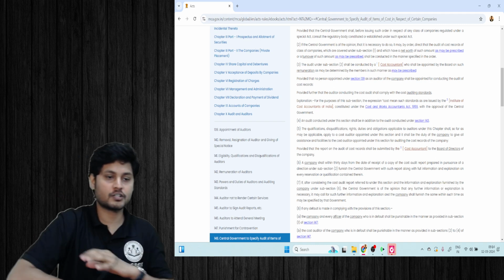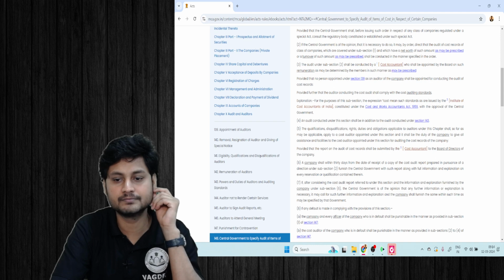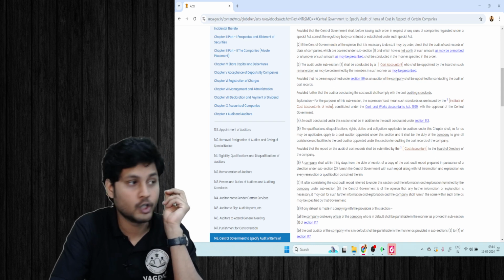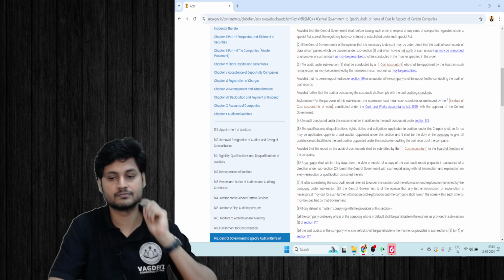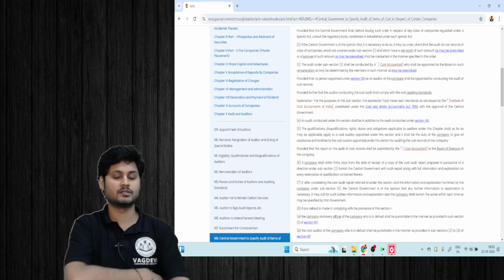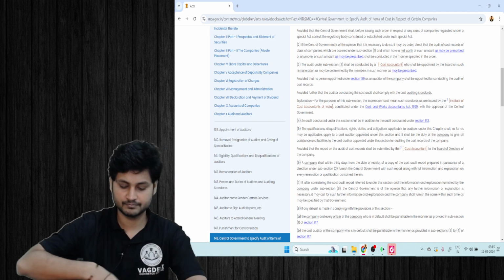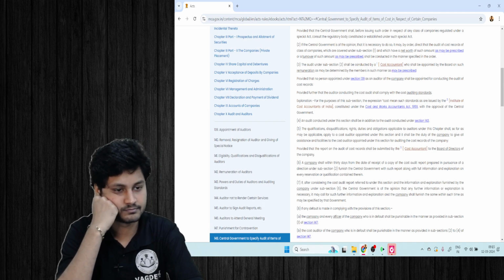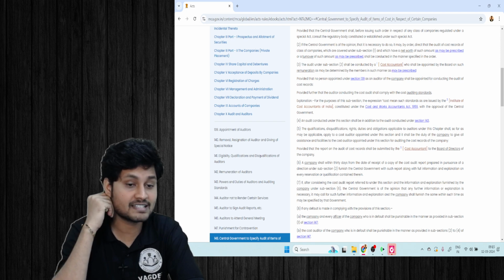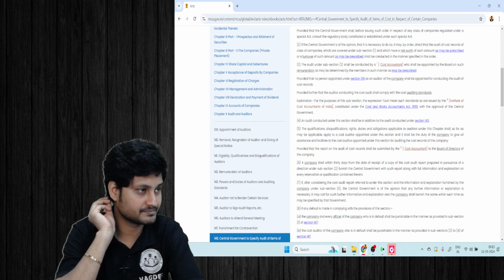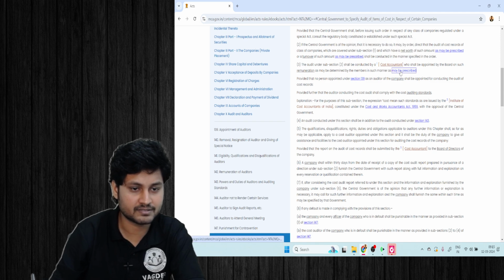Cost audit can be done by a cost accountant, who shall be appointed by the board of directors. And the remuneration shall be determined by the members.